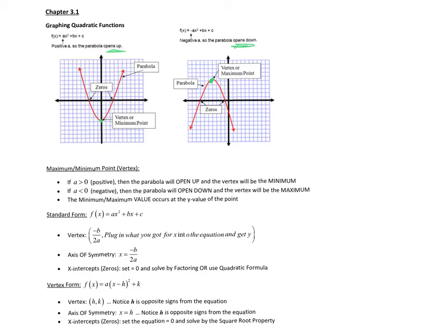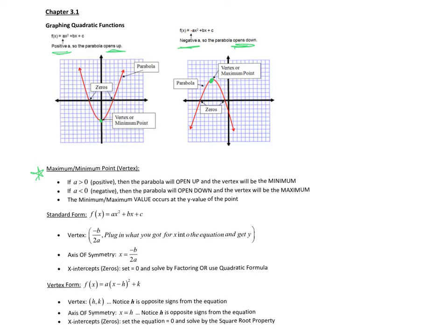The way we're going to tell from an equation is if we have a positive or a negative out in the very front of the squared term. You can see here we've said if A is positive, then the parabola will open up, causing the vertex to be a minimum. If A is negative, then the parabola will open down, causing the vertex to be a maximum.